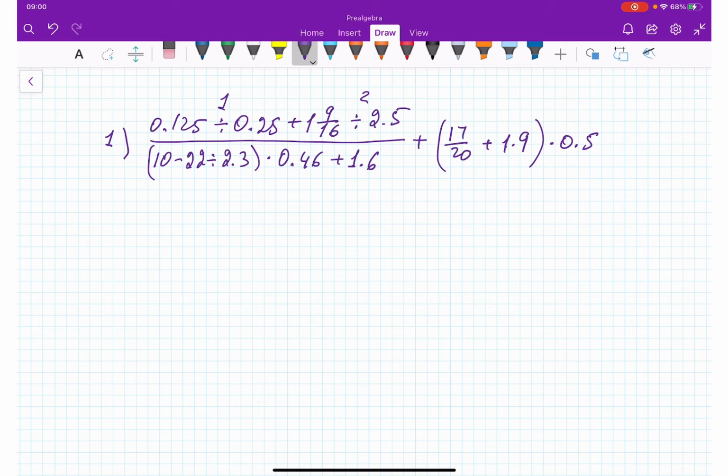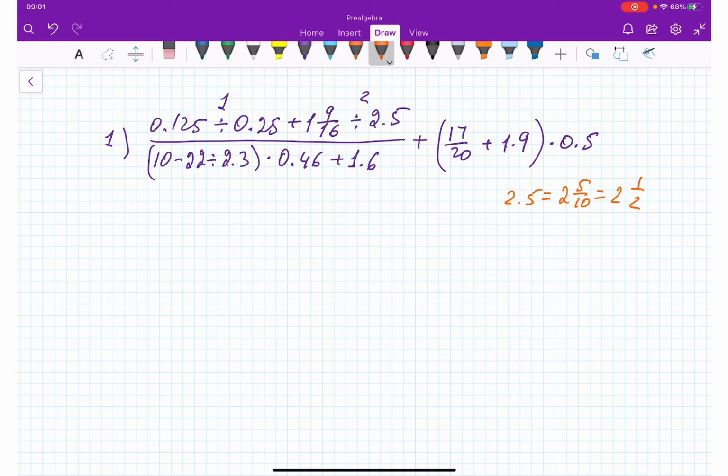While 2.5 I need to convert into a simple fraction first because I have to divide 1 9/16 by 2.5. At this point, let me see, 2.5 is 2 and 5 over 10, which is 2 and 1/2.